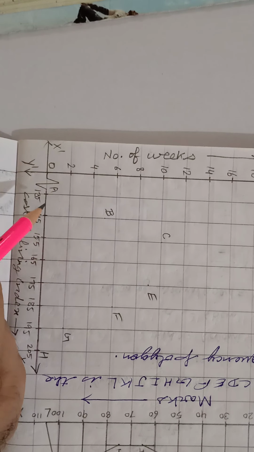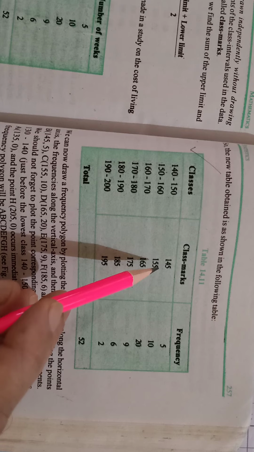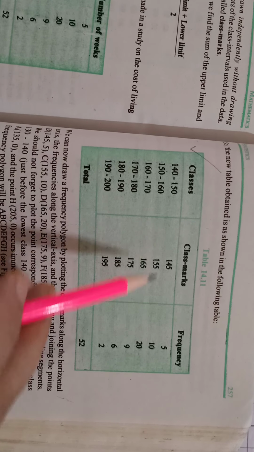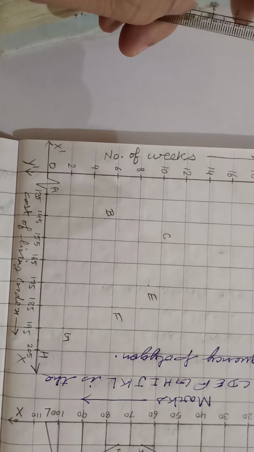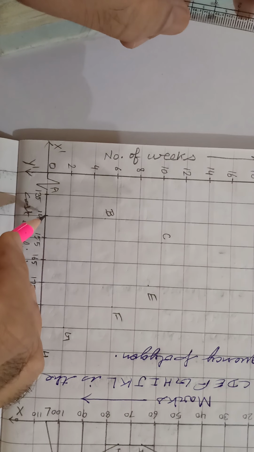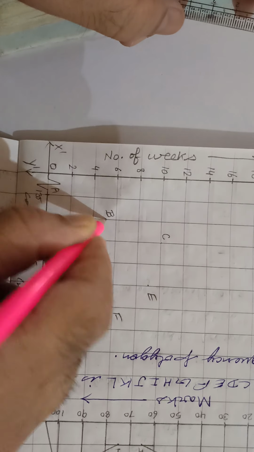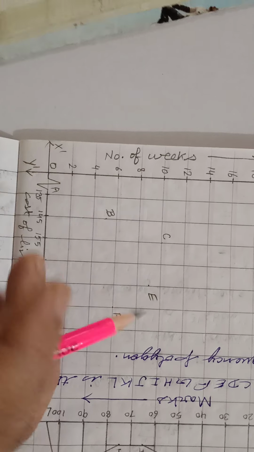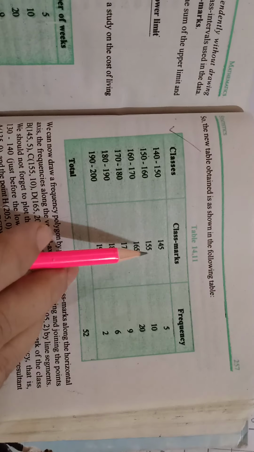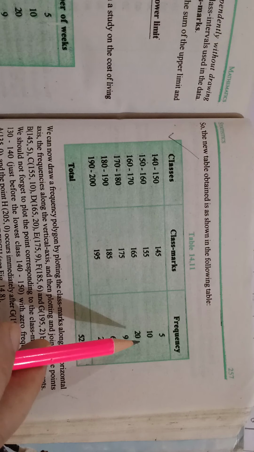Now, the first class mark is 145 of the first class interval and frequency is 5. 2, 4, 6 and this is your 5. So we represent point B. And the next class mark is 155 of the second class interval whose frequency is 10.